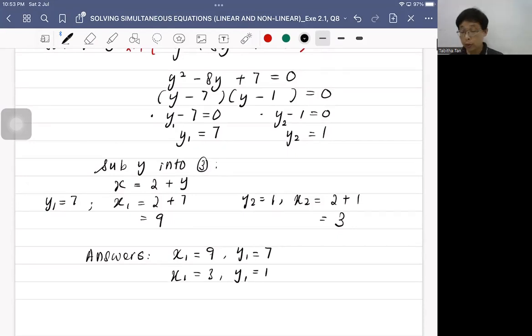Okay, and so in the graph, you will see this as (9, 7), and then you will see this as (3, 1).